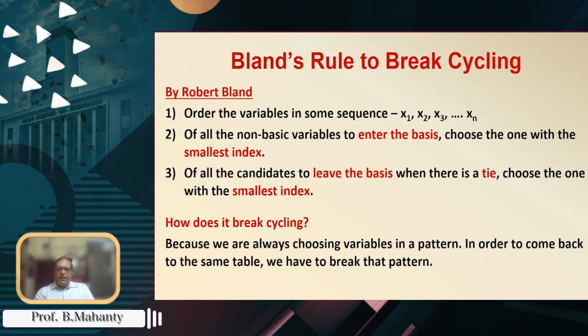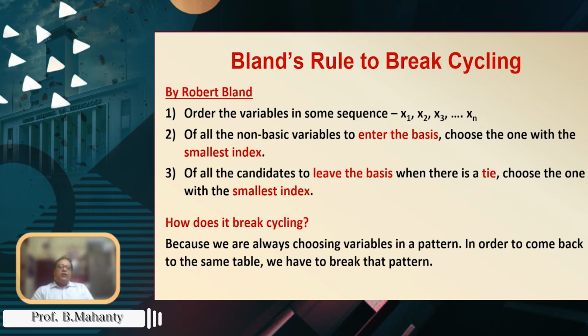And how does it break cycling? Because we are always choosing a variable in a pattern. In order to come back to the same table, we have to break that pattern, because if you keep following a pattern that is always leftmost, then getting back to the same table is not possible. But if you are choosing variables randomly, then say for example there is a choice between x1, x2, x3.